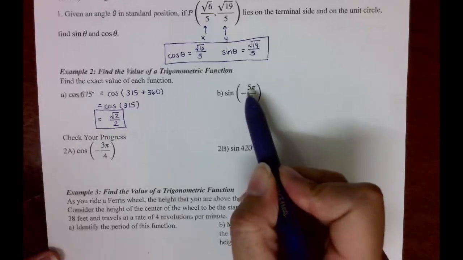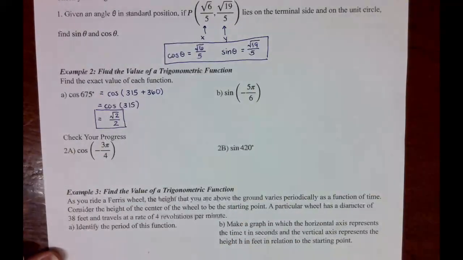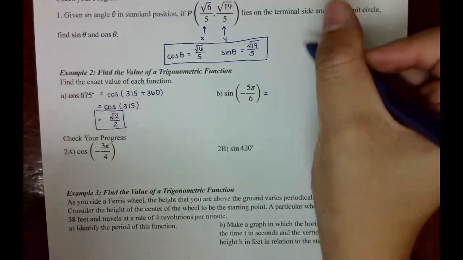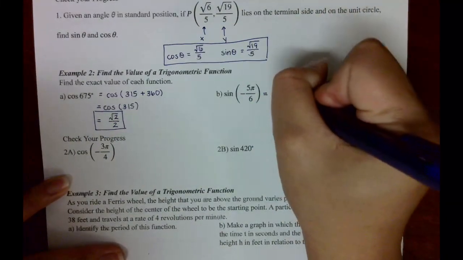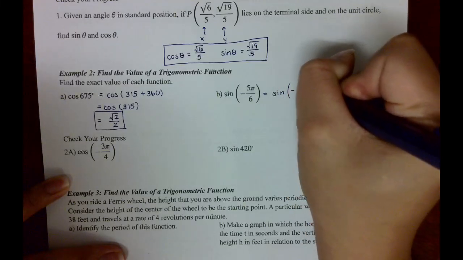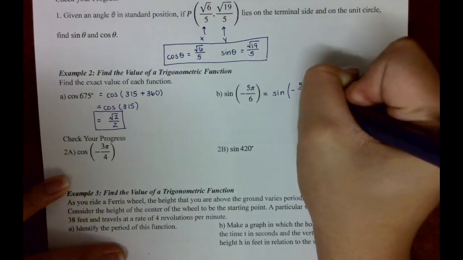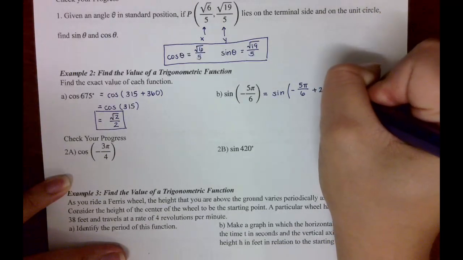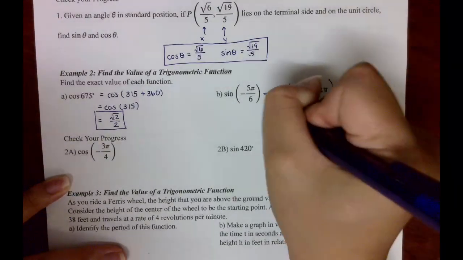Okay, the next one here is sine of negative 5 pi over 6. Okay, so here, since this is negative, I'm going to find its coterminal angle. So we learned how to find coterminal angles, and we can do that by adding 360 degrees, or in radian terms, that's 2 pi. Right?